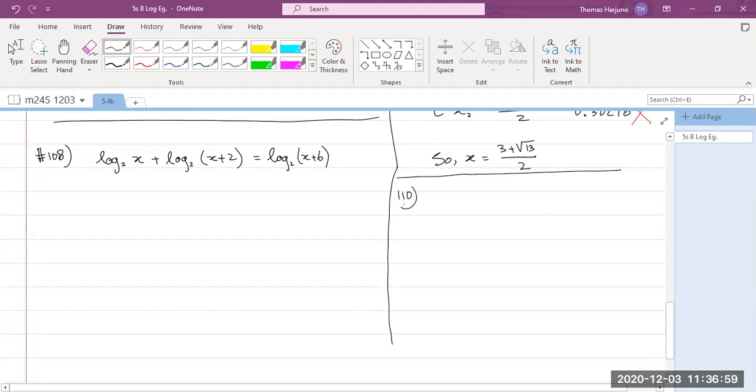Number 110, we have log base 3 of x plus log base 3 of x minus 8 equals 2. Okay, try this. Let me give you 8 minutes from now. So 11:45.